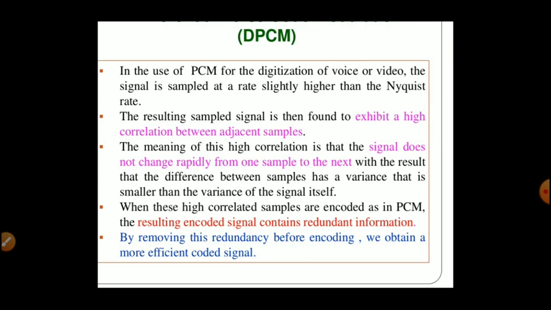When these highly correlated samples are encoded, as in PCM, the resulting encoded signal contains redundant information. By removing this redundancy before encoding, we obtain a more efficient coded signal.